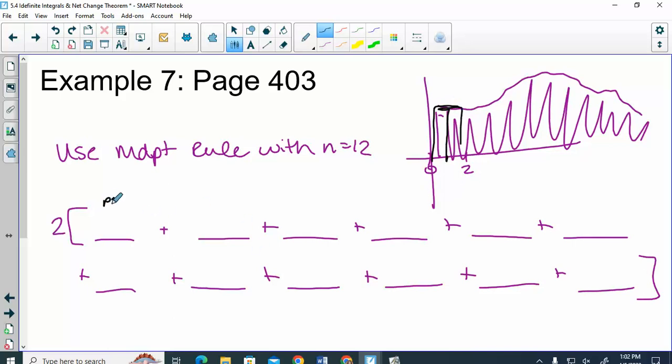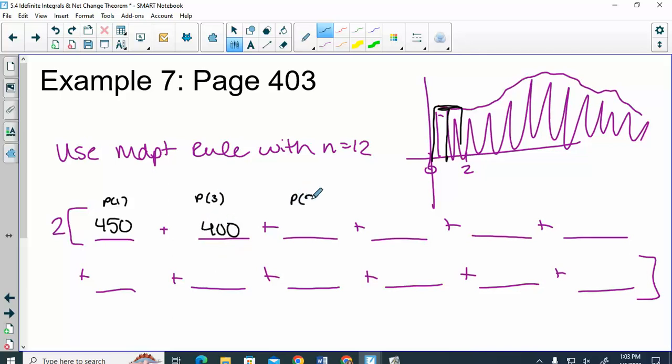So we're basically finding the y value at 1. When the x is 1, what would you estimate that y value to be? 450. And then we go up by 2. So next, when the x is 3, what would you estimate that y value to be?